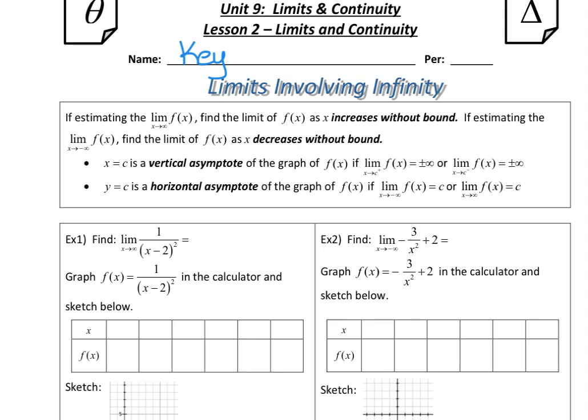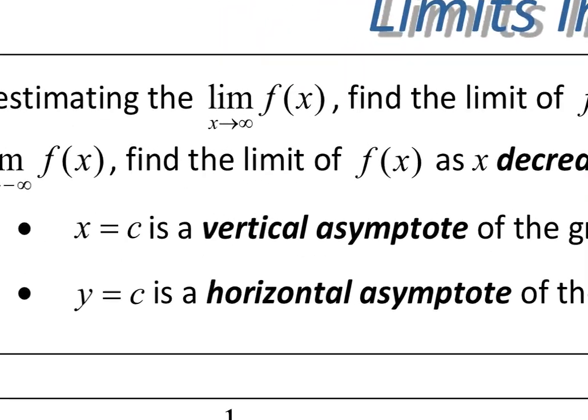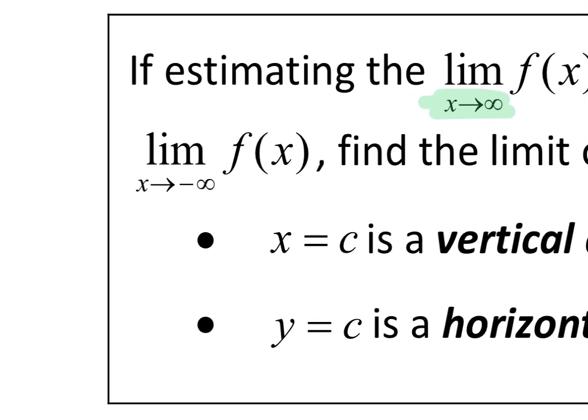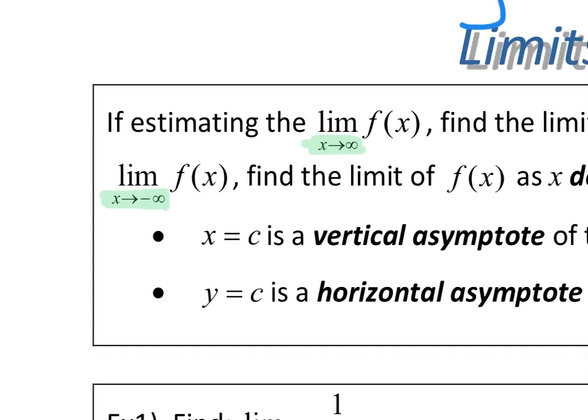So either when we talk about the x value approaching infinity, or if we are talking about the answer, the y value, approaching infinity. If the x values are approaching infinity, or negative infinity, that should be familiar to you from Algebra 2 when we were talking about end behavior.